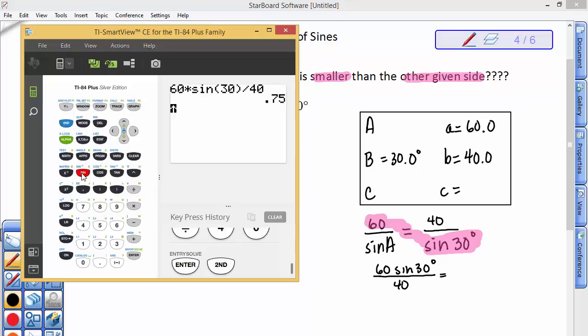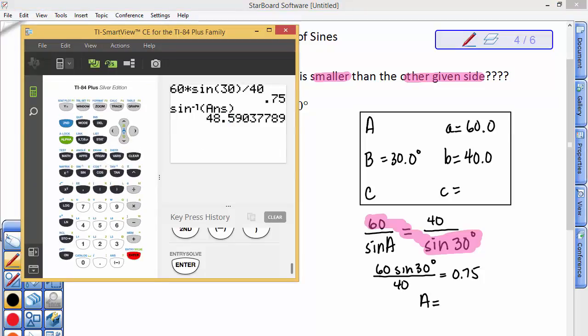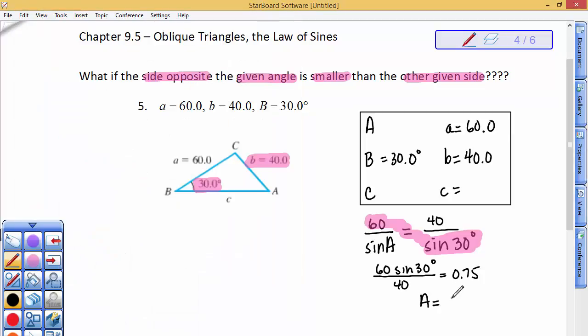So if I go second sine, second answer, I'm going to use that ratio, it tells me that that angle that has a ratio of 0.75, its size is 48.6 degrees is what I'm going to write down here. This is 0.75 as I recall, and that meant that angle A was 48.6 degrees by taking the inverse sine of 0.75.